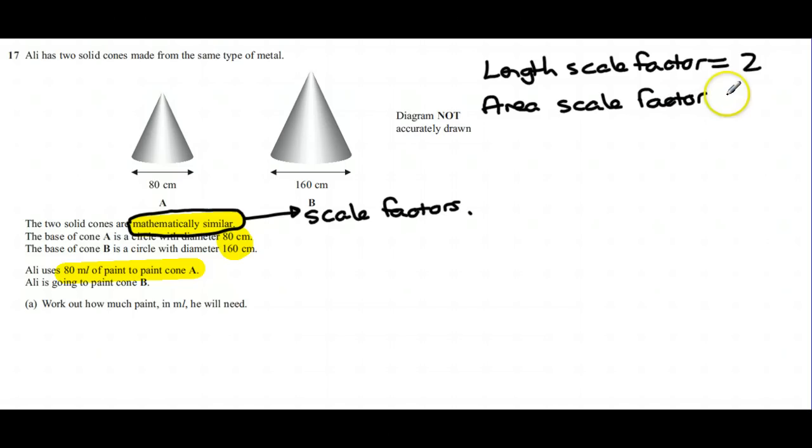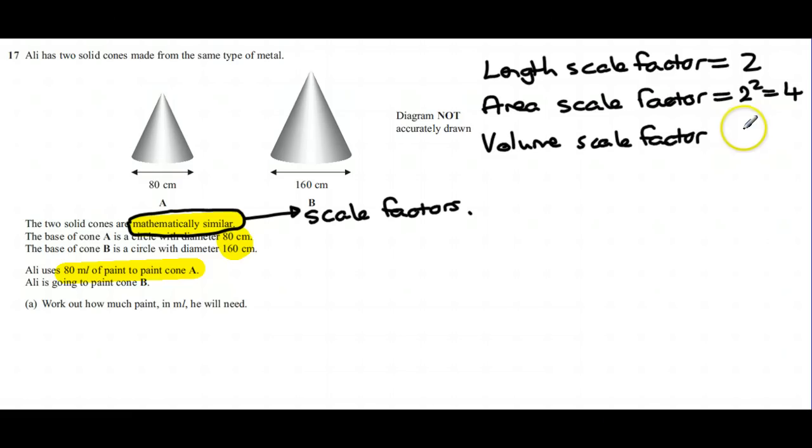Because we're now working in 2 dimensions, the area scale factor will be 2 squared, which is 4. So the length scale factor squared, and that means that any area on A will be 4 times as large on B.